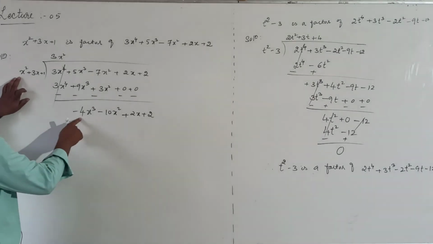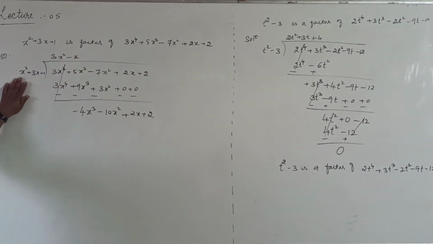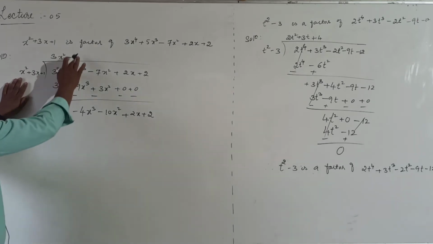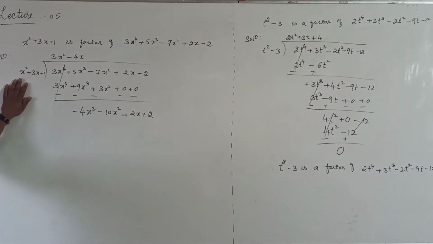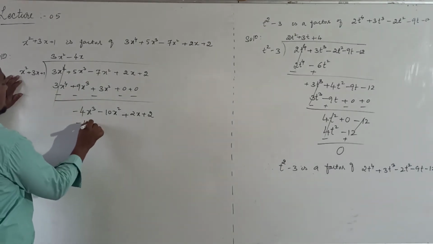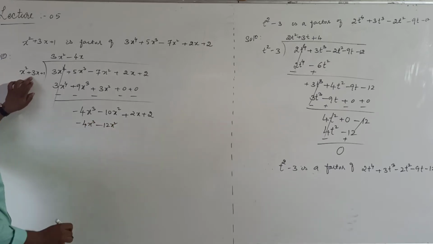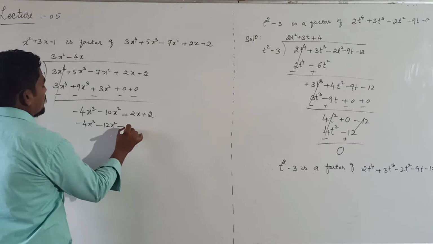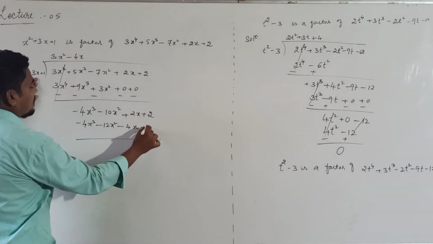For getting minus 4x cube, which term do we need to multiply the divisor by? Clearly minus 4x. Minus 4x into x square is minus 4x cube, minus 12x square, minus 4x.